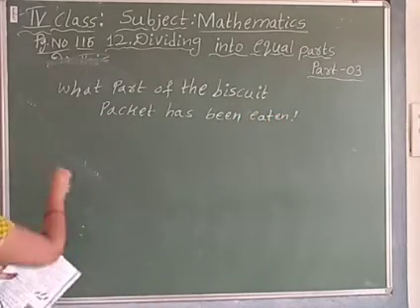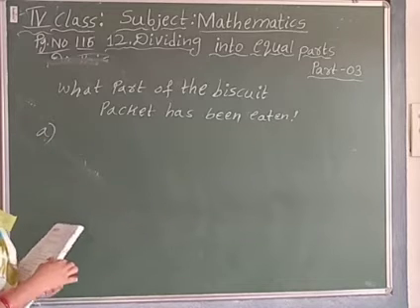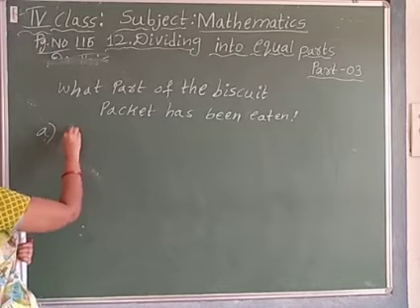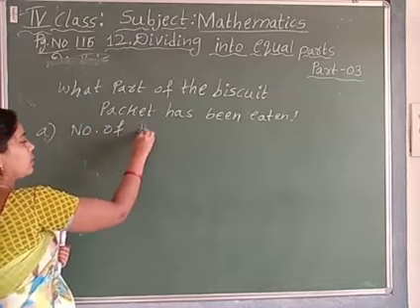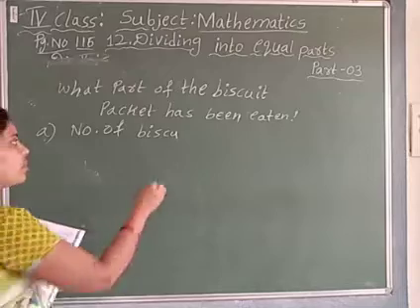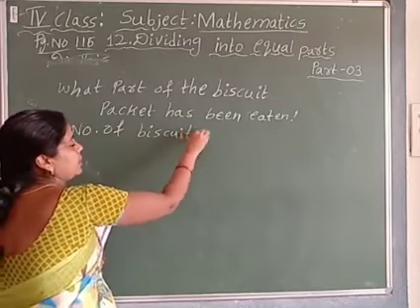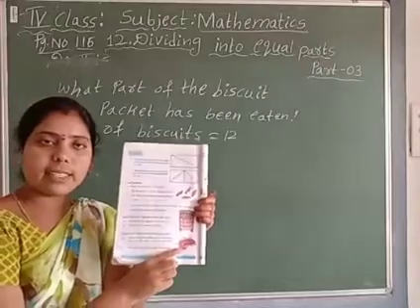So total biscuits, children, observe here. I am not writing the question. So total how many biscuits are there? Number of biscuits. 12 biscuits, no? So in the packet we have 12 biscuits.